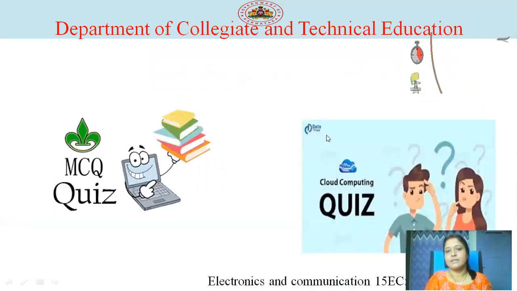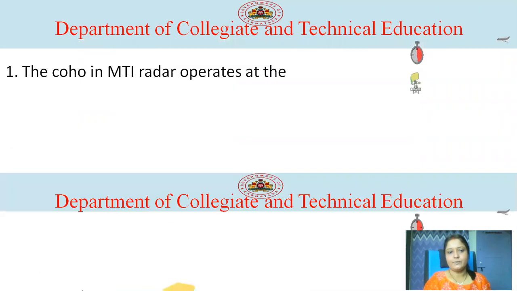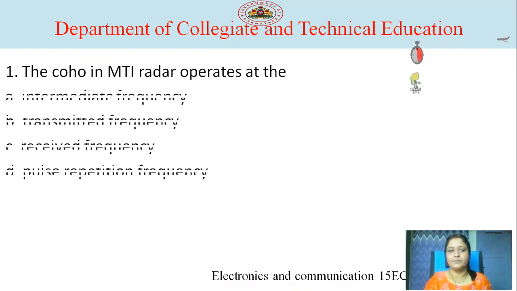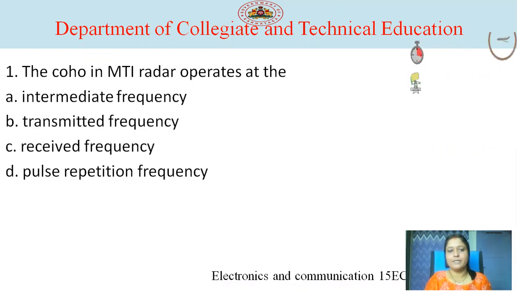Okay, now let us have some MCQ quiz here. Okay, students, answer honestly and participate. The first question: the Coho in MTI radar operates at the intermediate frequency, transmitted frequency, received frequency, or pulse repetition time.